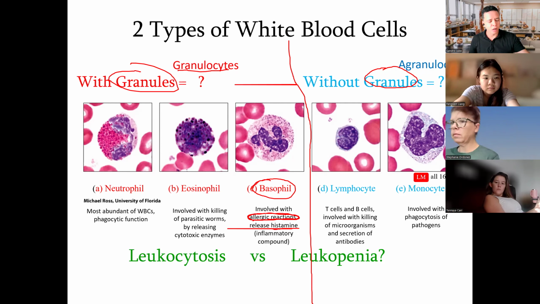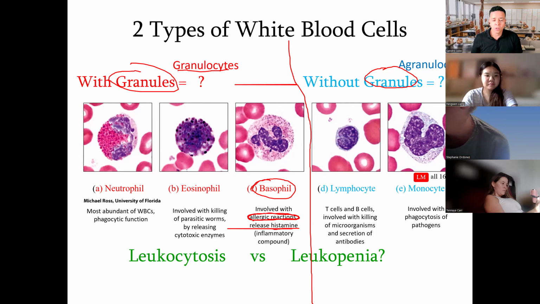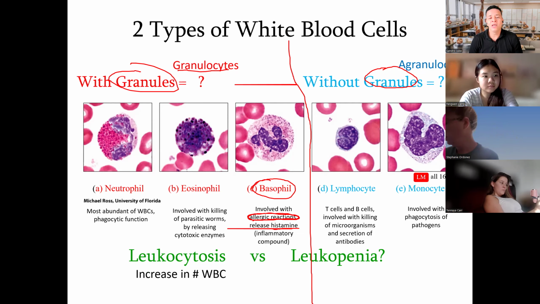Another two terms that I want you guys to know and be able to differentiate. One is what we call leukocytosis. The other one is called leukopenia. Cytosis, guys, is an increase in white blood cells. Can anybody give me an example of something happening to our body that will lead to leukocytosis?